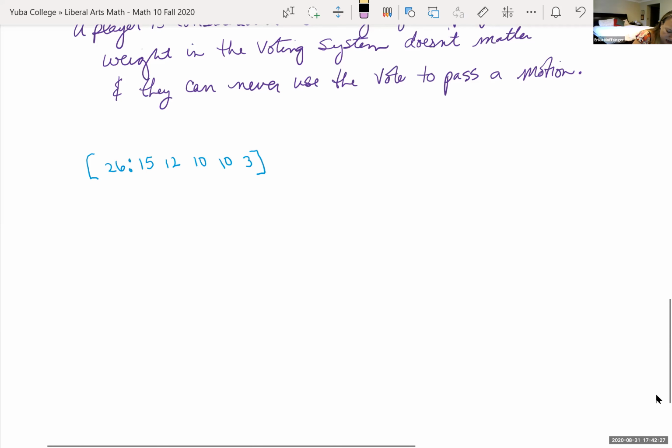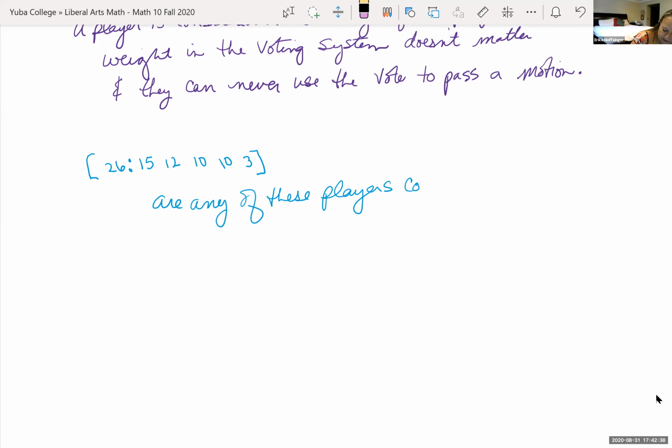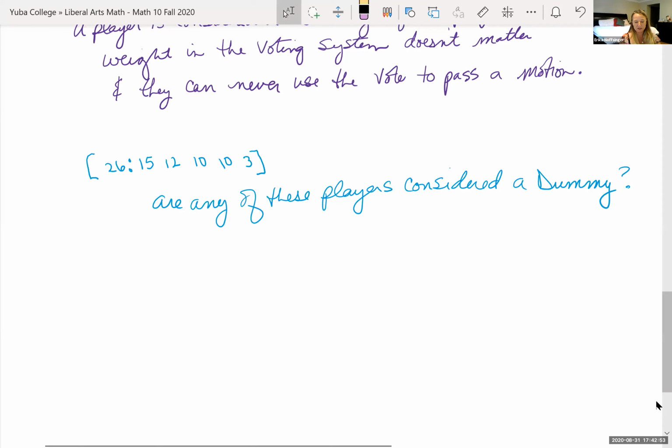So are any of these players considered a dummy? Okay, so let's go to the person who has the least amount of weight, which is player 3.